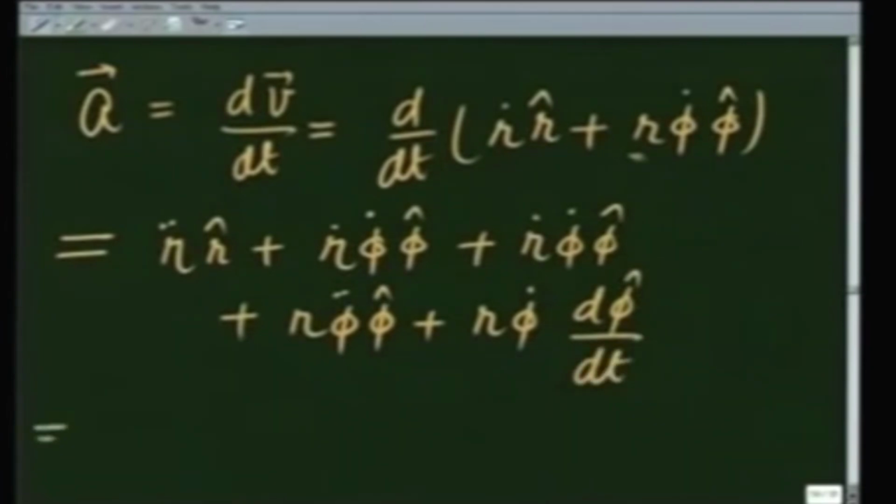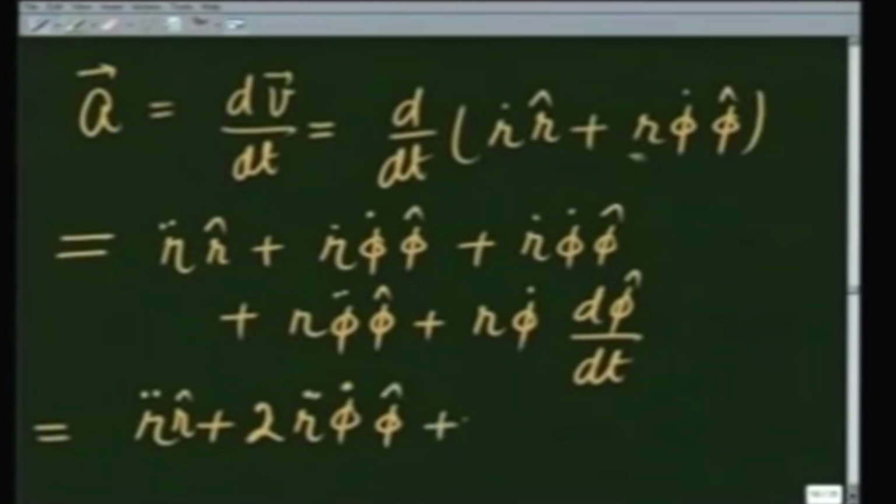Collecting all terms together, you will see this comes out to be r double dot in r direction, plus 2 r dot phi dot in phi direction, plus r phi double dot in phi direction, and d phi/dt, recall, is minus phi dot r.